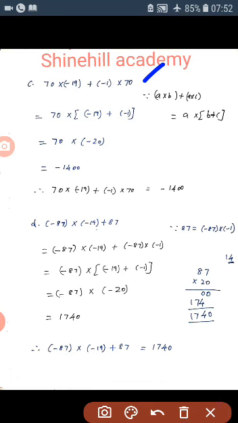Okay, so 70 into minus 19 plus minus 1 into 70. The two multiplications have the common number only 70. You take the 70. So 70 into, this is for minus 19, this is for minus 1. Okay, so minus 19 plus minus 1.